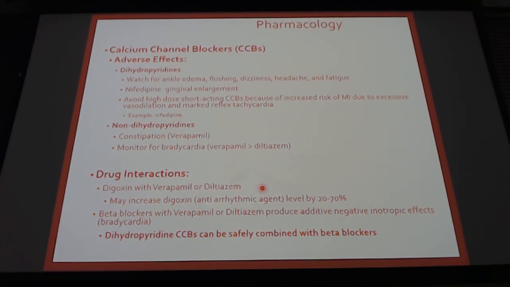And then your beta blockers with one of your non-DHPs, because again, they're both going to be dropping that heart rate, the negative inotropic effect. So then you can experience a lot of bradycardia. Your patients will tell you about the dizziness, the headache, the tiredness, because you're now adding two things that are lowering.